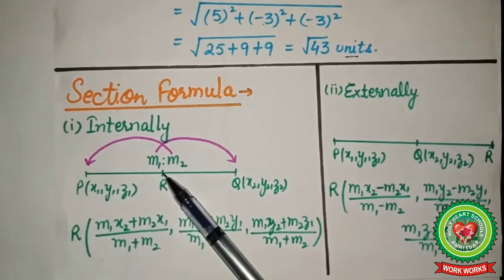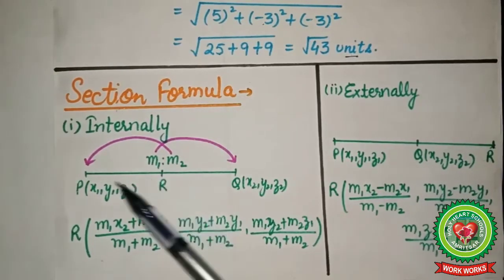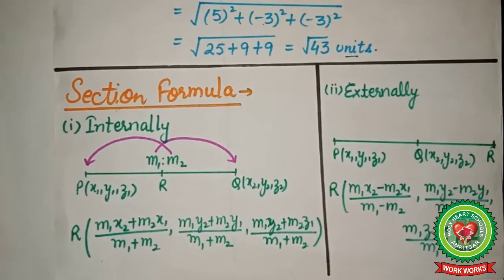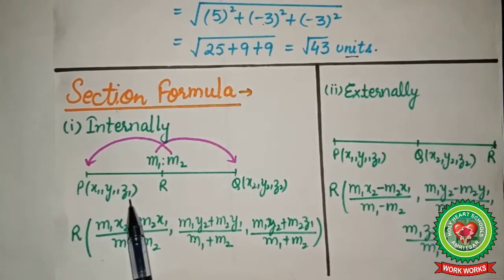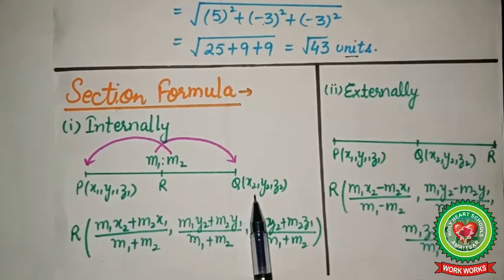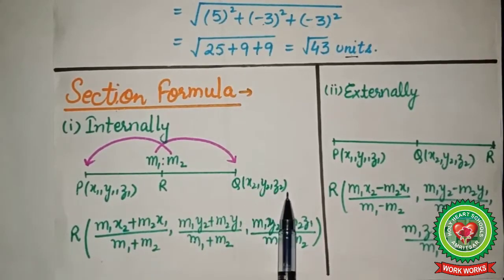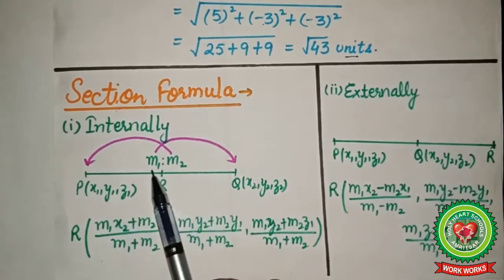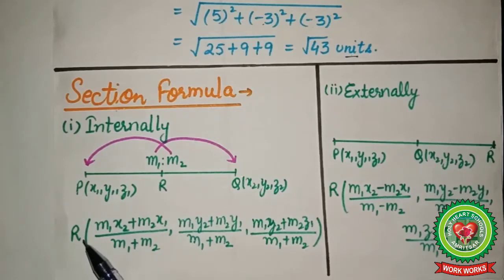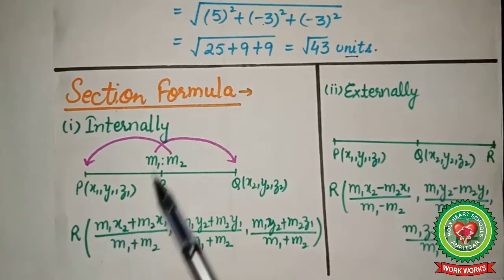Firstly, when the point of division lies between the two given points. Now firstly, say P is given x1, y1, z1 and Q is x2, y2, z2. Here R divides PQ in m1 ratio m2. Now we have done the formula for two-dimensional geometry. Same here. It is m1 x2.